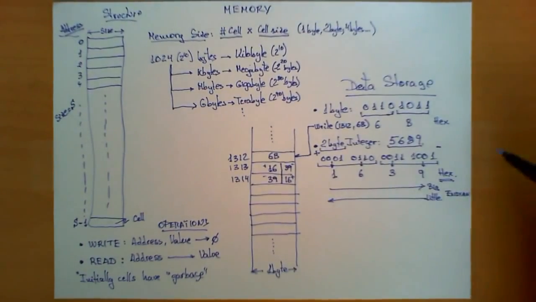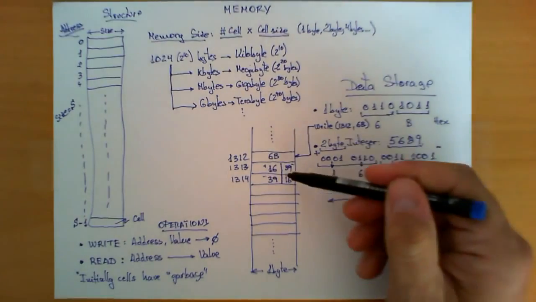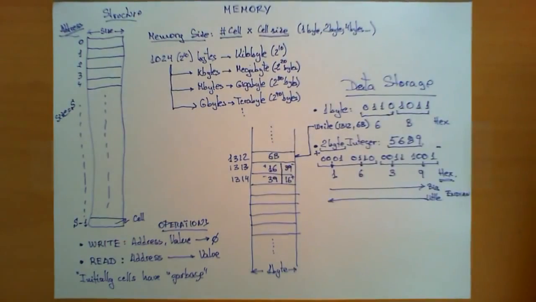We would say still that the number is stored in position 1313. But we have to remember that it's a 2-byte integer, and we need to remember also which convention we used, big or little endian. If a computer system chooses one of these two policies, it uses that policy throughout its life.